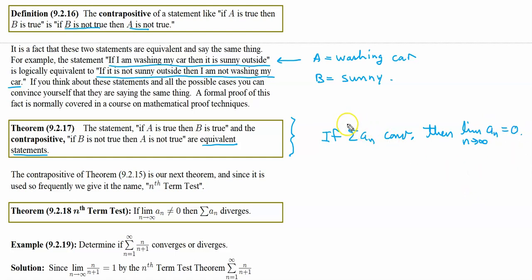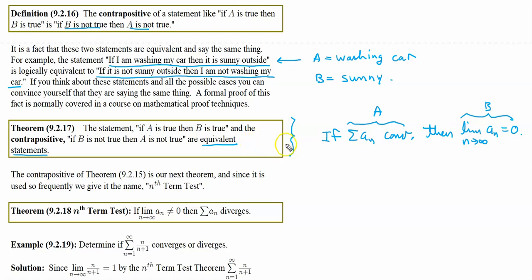So this is your A, and this is your B. If A, then B. Well, the contrapositive of this statement is to say that if the limit does not equal 0, then the series does not converge, or that it diverges, right? That's the contrapositive of this. And this theorem tells us that they are exactly the same.